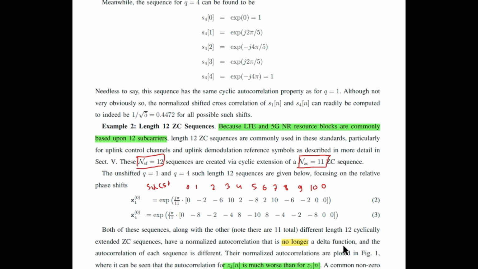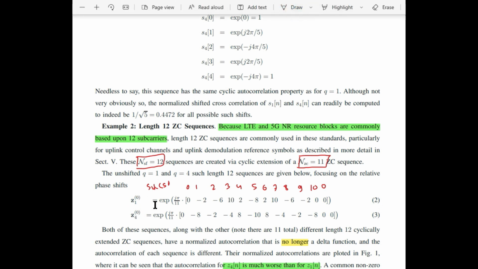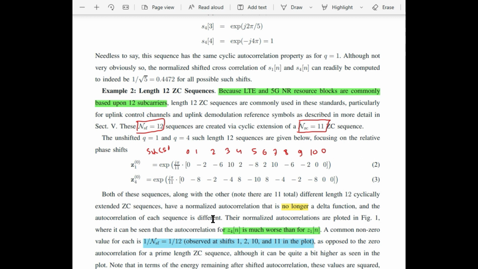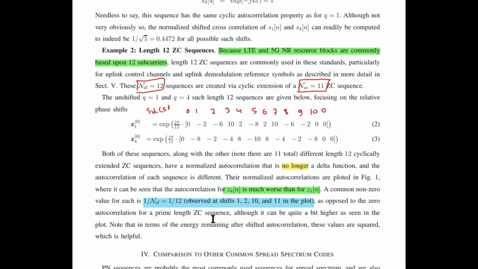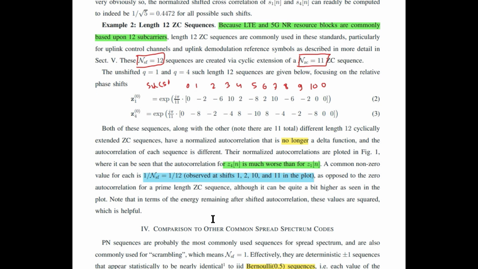Okay, so for q is equal to 1 it is this and for q is equal to 4 it is that, the same in this equation. Both of these sequences, along with the others, are length 11 extended to 12 cyclic ZC sequences, and they have normalized autocorrelation that is no longer a delta function, and the autocorrelation of each sequence is different. So their normalized autocorrelations are plotted, as you see in figure 1.